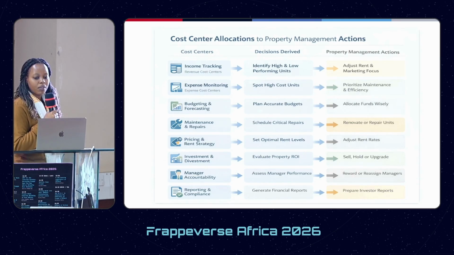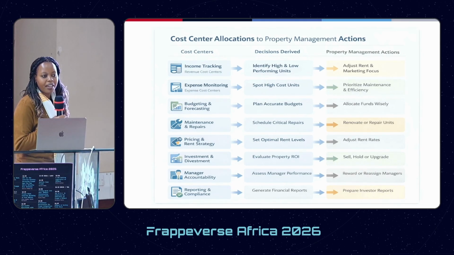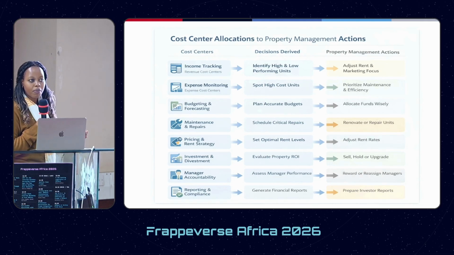And once we have this, it's easy for us to start speaking numbers, because you're able to see the progress of your property management business. You're able to make decisions like adjust rent and allocate funds wisely, prepare investor reports, get loans from banks.